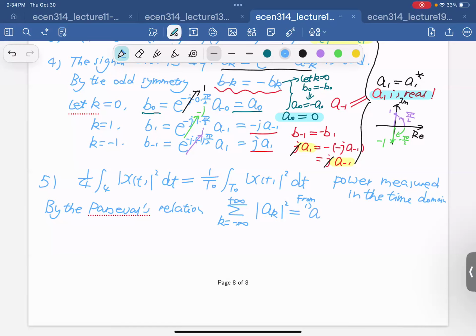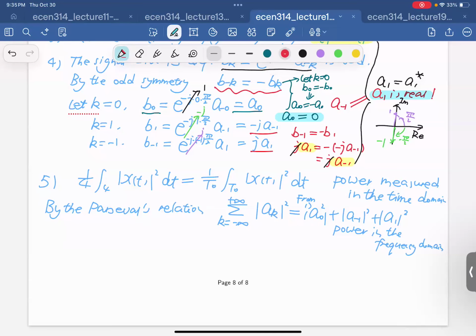We have a0 norm squared plus a sub minus 1 norm squared plus a sub 1 norm squared, and this is the power in the frequency domain, and they should be equal. Okay, so they should be equal to each other.